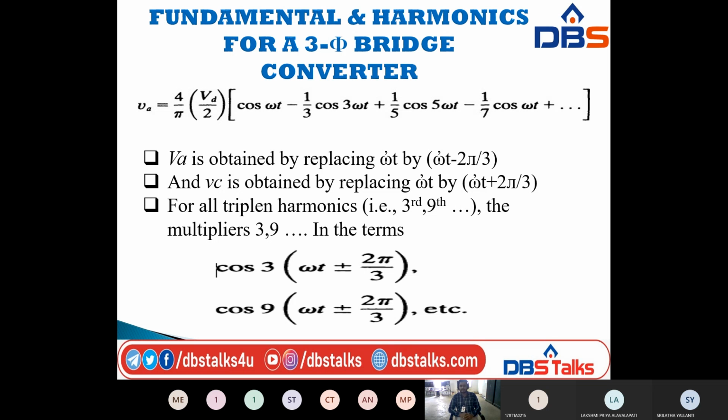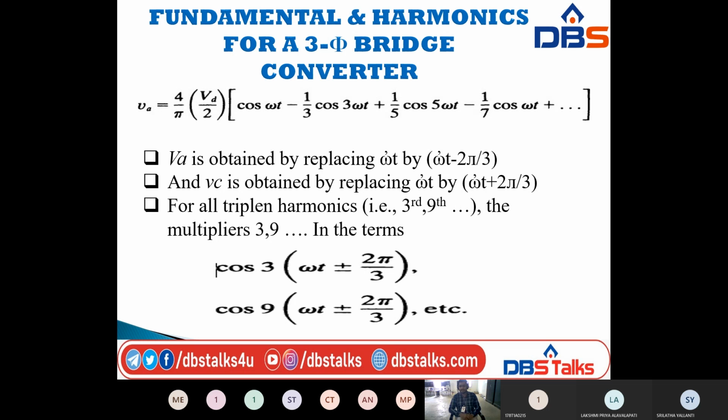So for all triplen harmonics, that is third, ninth, that means multiples of 3, like 3 into 3, we will take the terms like cos 3 of omega t plus or minus 2 pi by 3, cos 9 of omega t plus or minus 2 pi by 3, and so on.